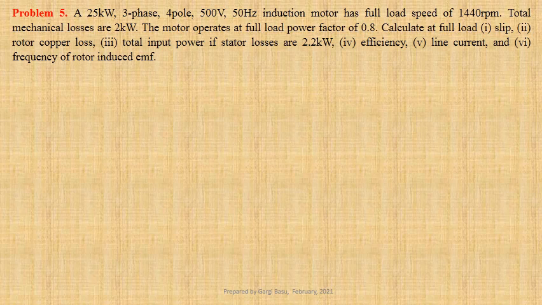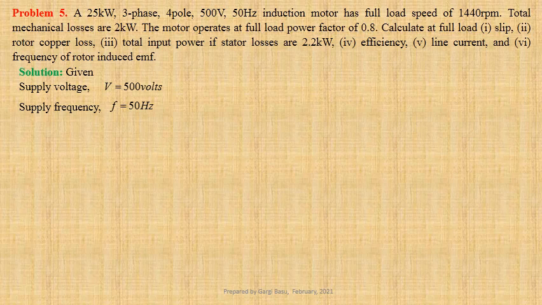Let us first jot down the given data. Supply voltage V equals 500 volts. Supply frequency F equals 50 Hz. Number of poles P equals 4. Power factor cos phi equals 0.8 lagging.